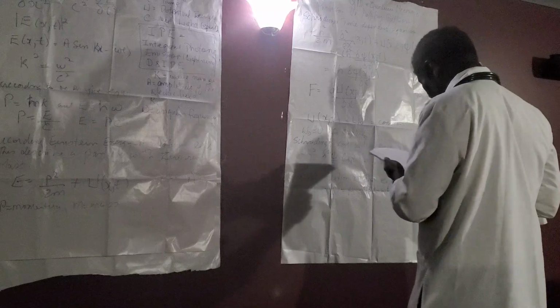Not surprisingly, we know that the solution contains an imaginary number, which is i, the square root of minus 1.